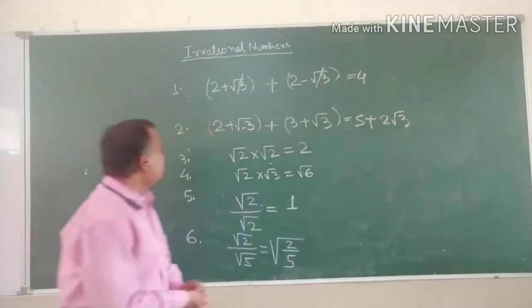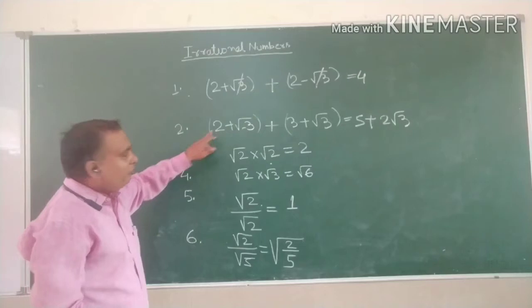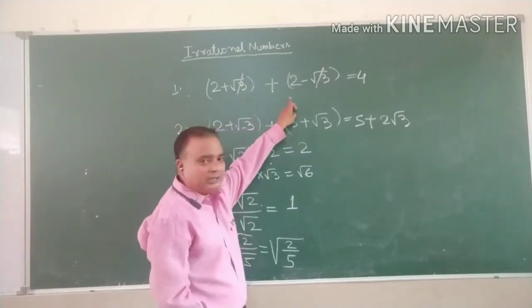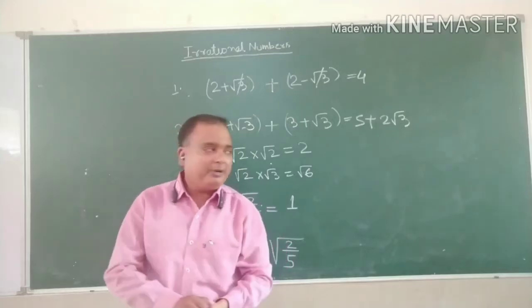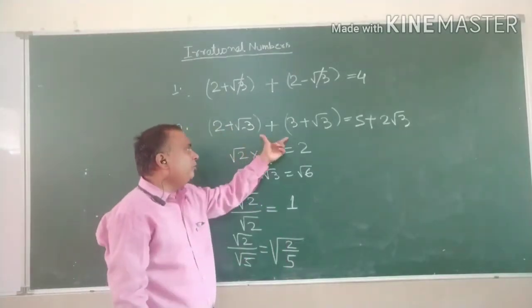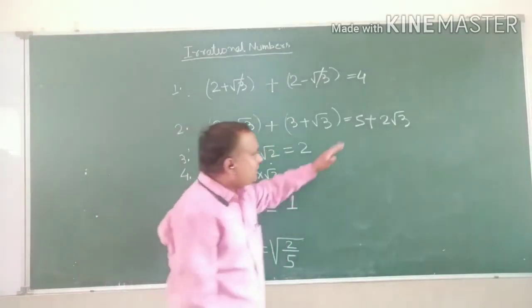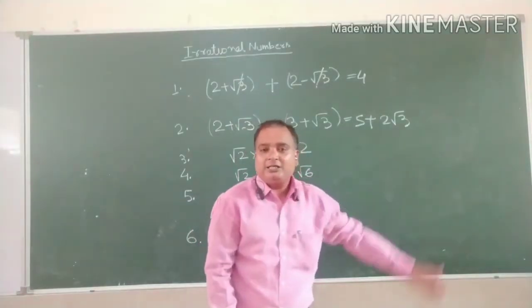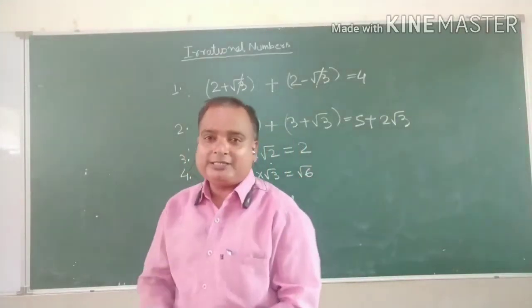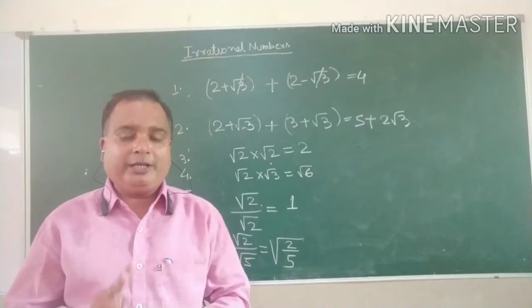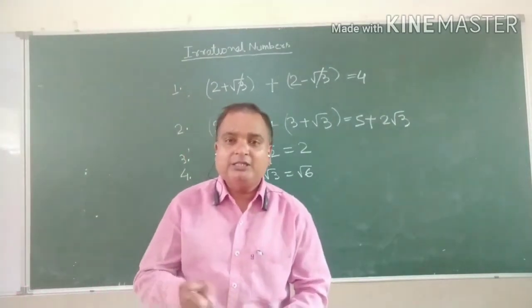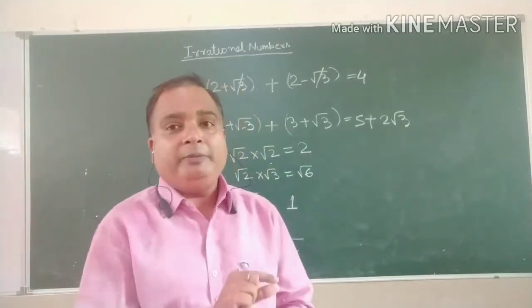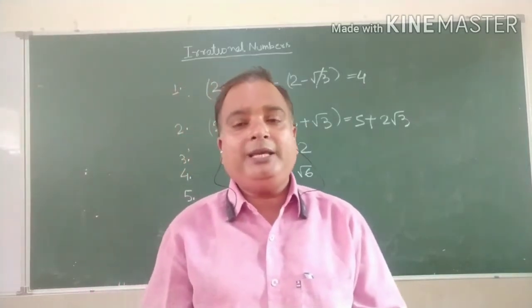Now we compare the result of first and second. When I add these two irrational numbers, I will get 4, that is a rational number. But if I add two more irrational numbers, the resulting number is irrational. So we can say it is not necessary that when we add two irrational numbers, the resulting number will be rational or irrational. We cannot say that always it will be rational or always it will be irrational.